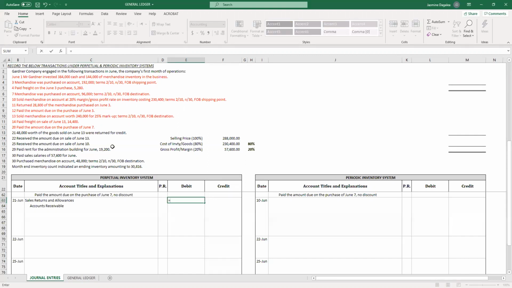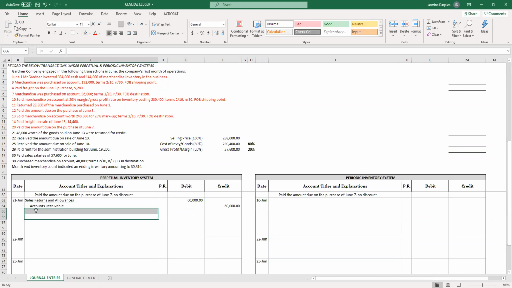So, 48,000. Yan yung shortcut formula para makuha yung selling price pag markup ang ginamit. Multiply nyo lang siya by 1.25. 1 plus 25%. Okay?